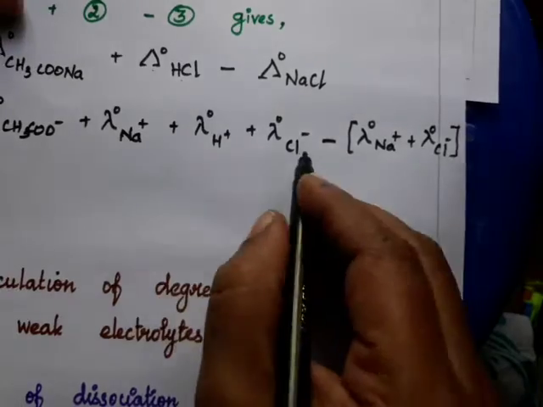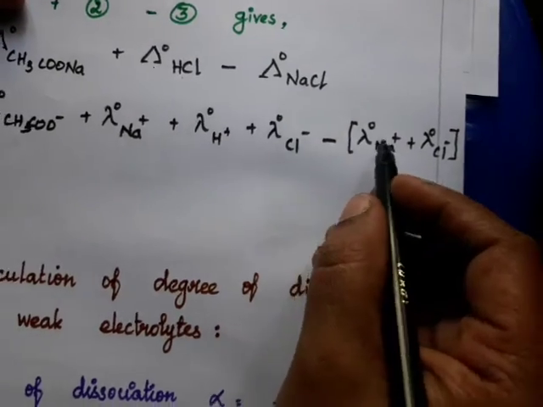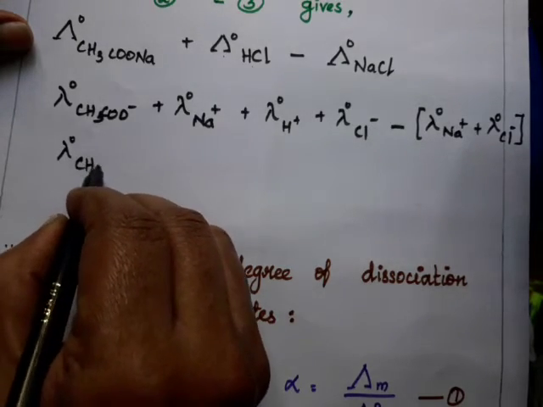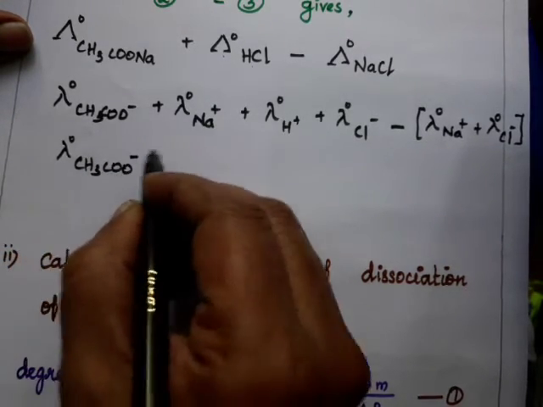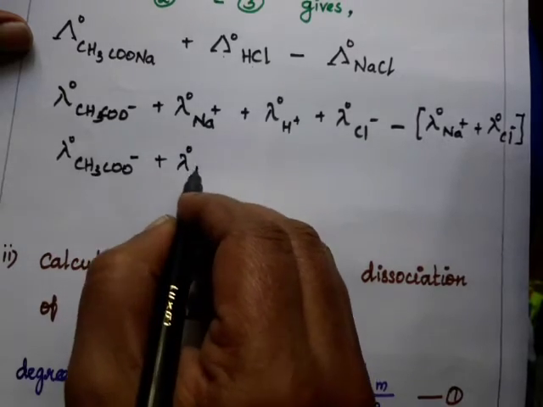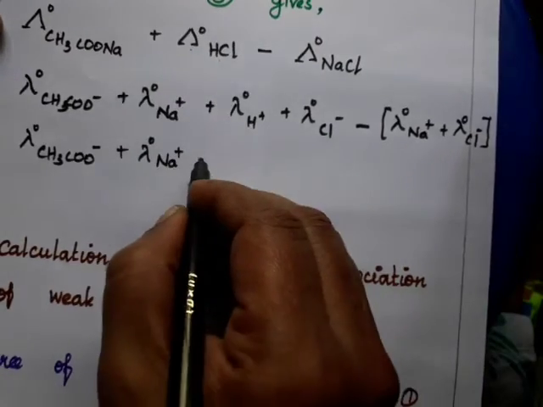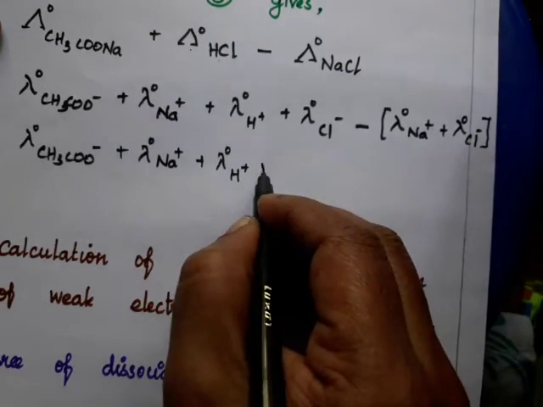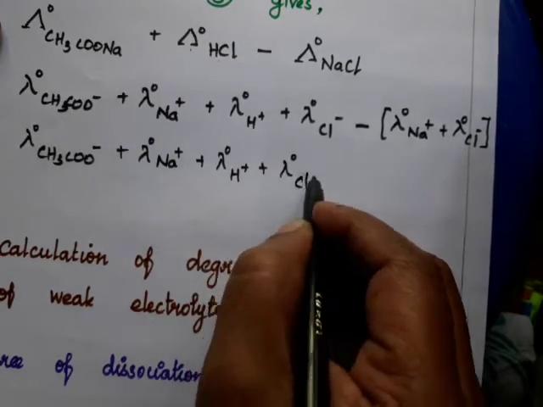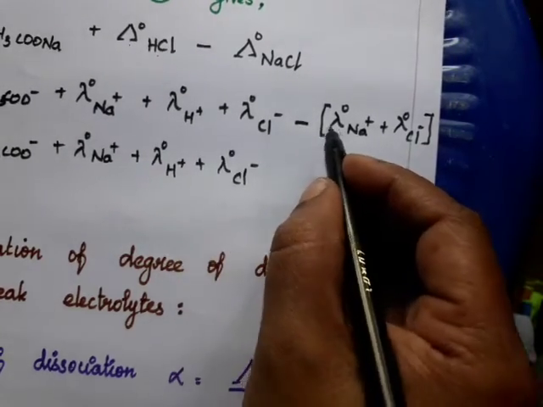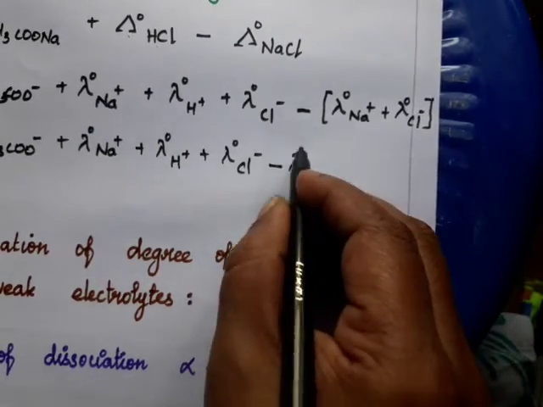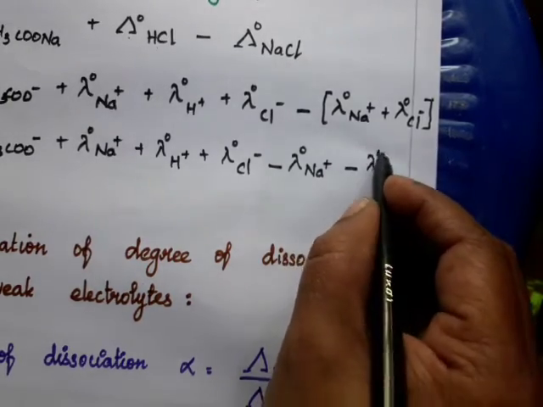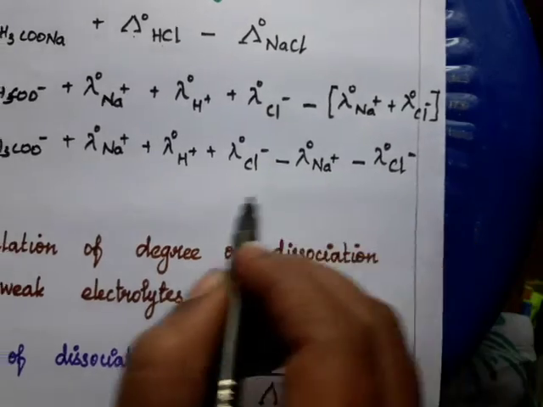Have you understood? Now let me take this minus inside, right? So we get lambda naught for CH3COO minus plus lambda naught Na plus plus lambda naught H plus plus lambda naught Cl minus, minus lambda naught of Na plus minus lambda naught of Cl minus, right?